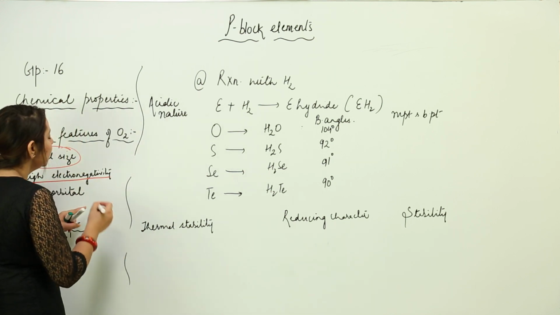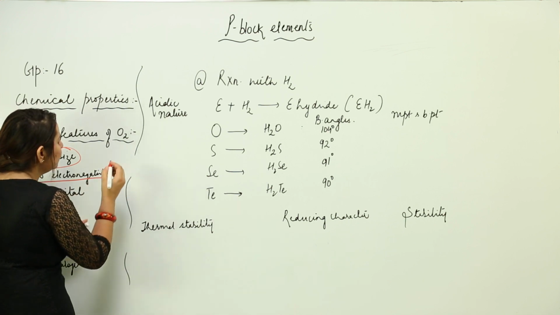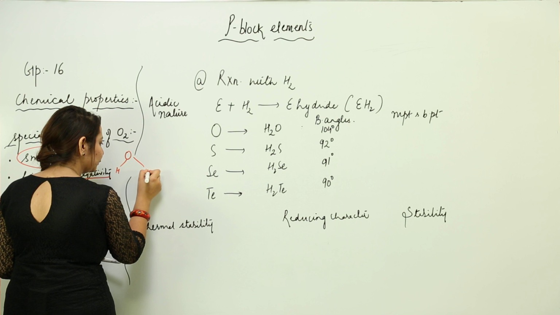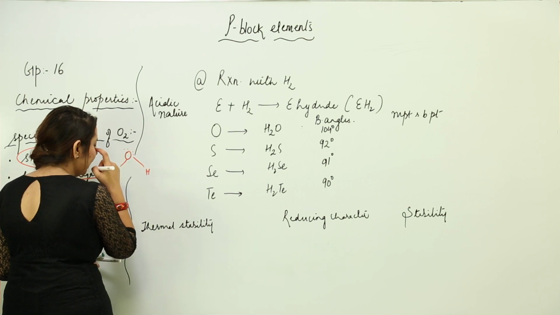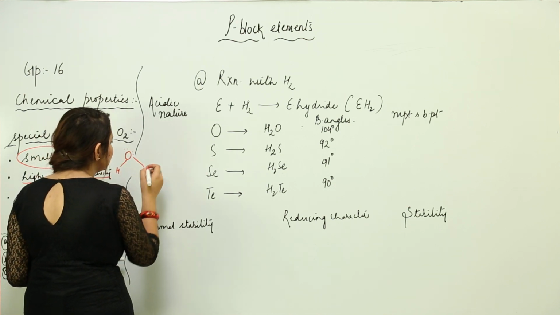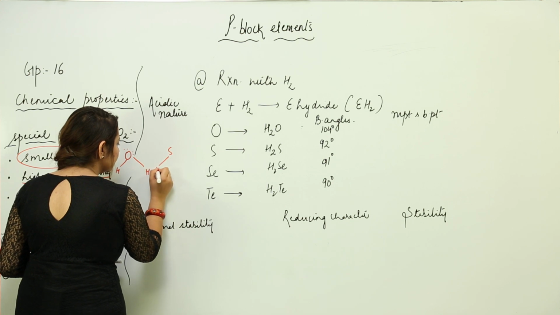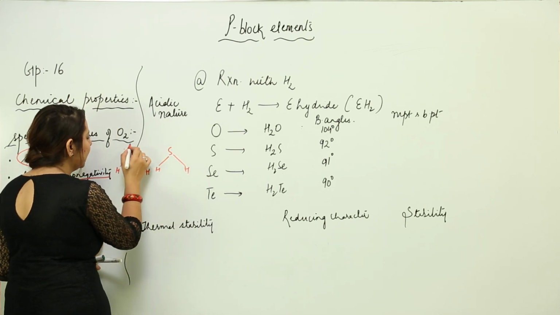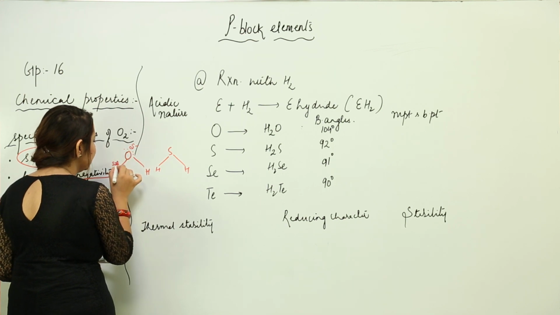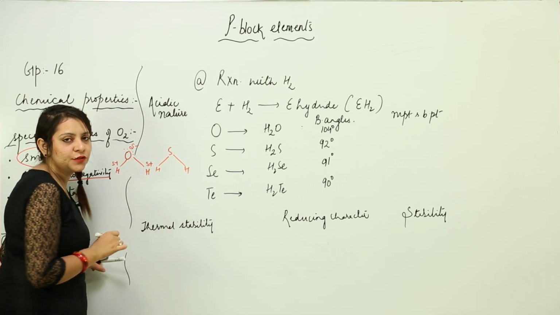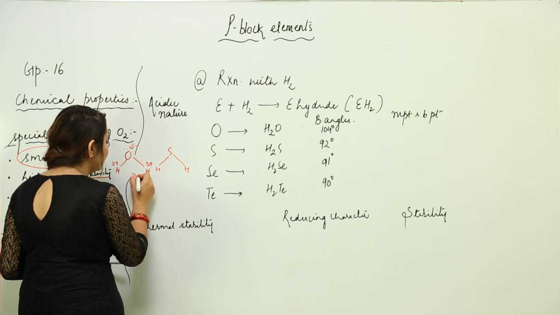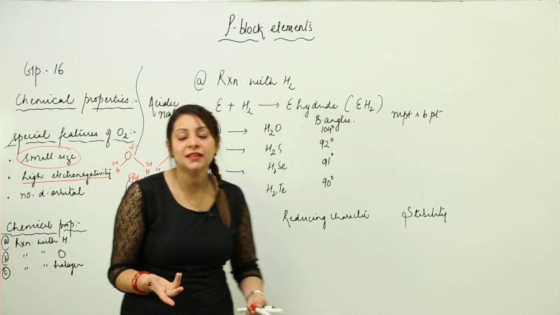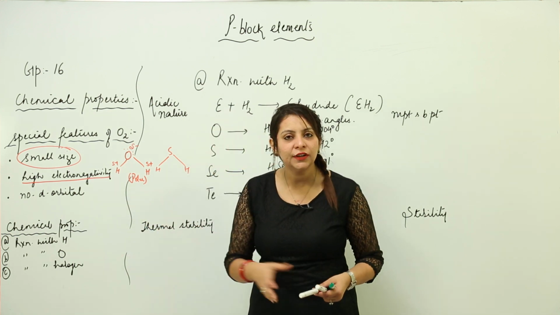Let's see the structure. If you see the structure of water, it will be somehow like this. And if you see the structure of H2S, it will be like this. Because oxygen is electronegative, it develops a partial negative and a partial positive charge, so this molecule is polar, and this polarity indicates that it is electronegative in nature.